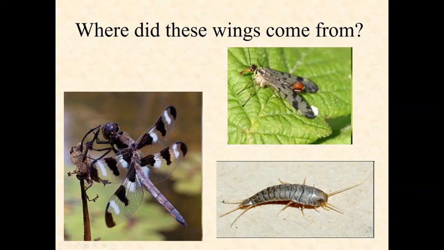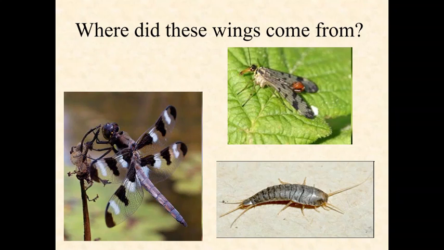Okay, so again, we can begin to say, okay, where did these wings come from? Let's begin to homologize. And so just like we might take a mammal and compare it to the bat and make a distinction about where bats' wings come from, we could maybe do that with insects. But it becomes a little bit more problematic.